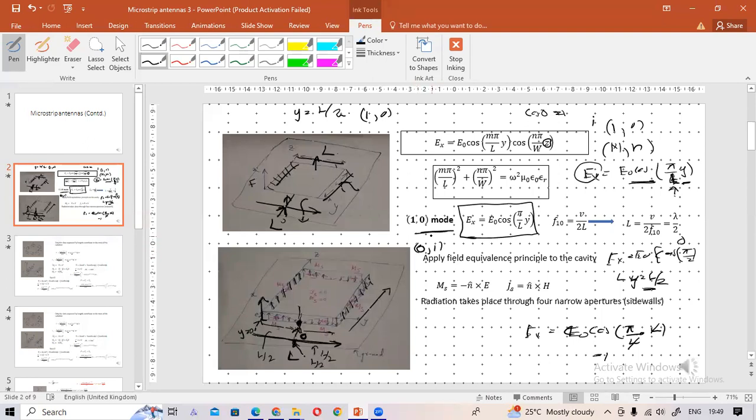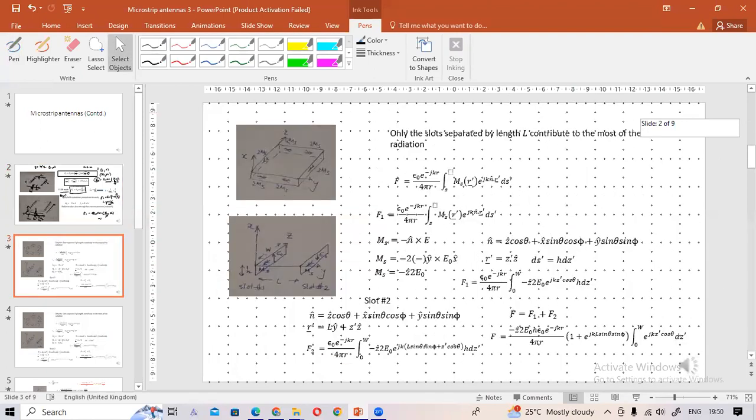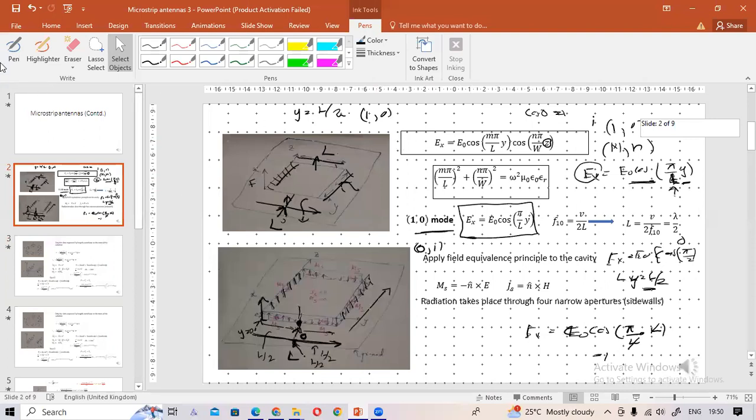So that is one question. You have to find the answer. That kind of question may come in your exam also. So if you are given this equation, which is the E-field distribution of this patch antenna, for the 1-0 mode, when M is 1 and N is 0, you have to find the E-field of the antenna.